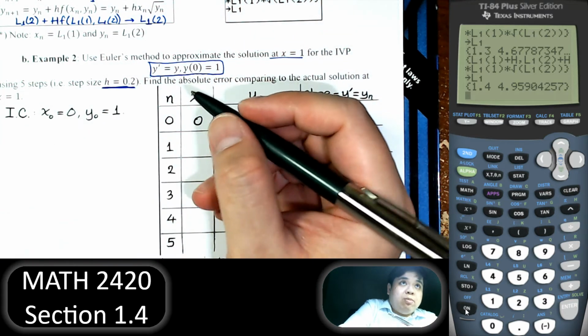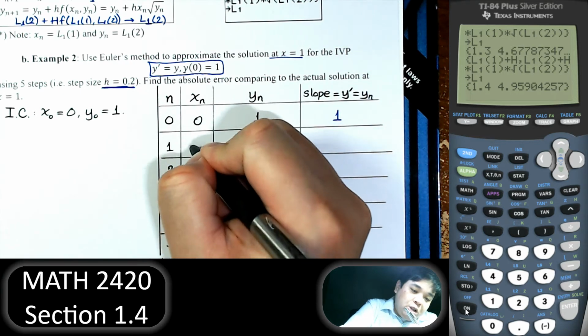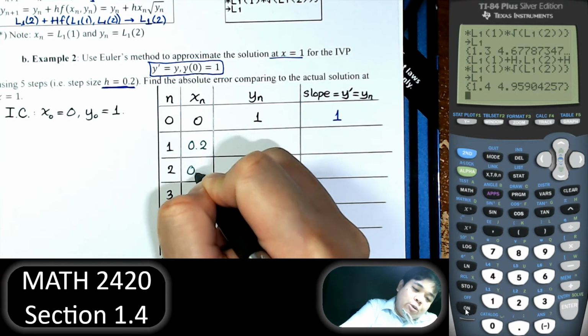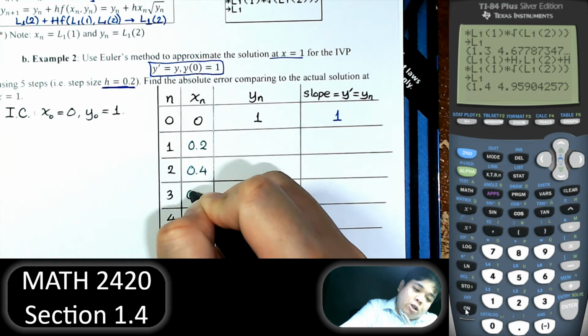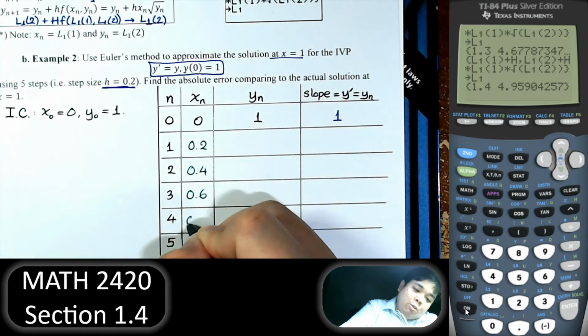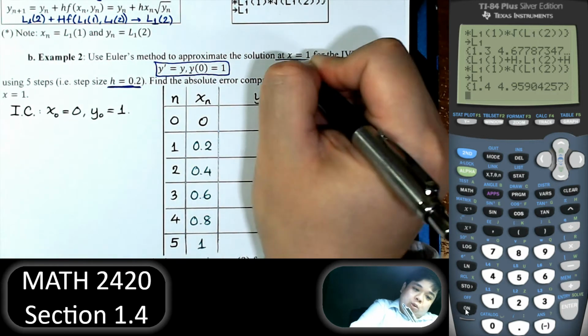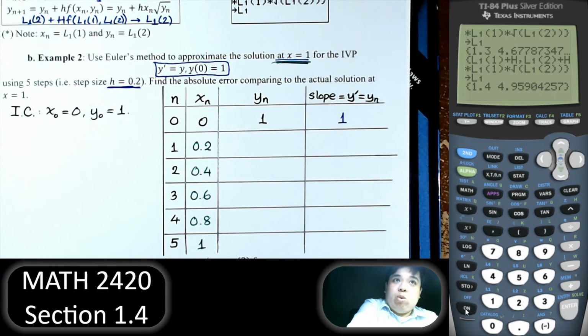So update by 0.2: 0 plus 0.2, 0.2 plus 0.2, and so on, until it is 1. Remember, we want the value of the function when x equals 1. So the answer is going to be in this cell.